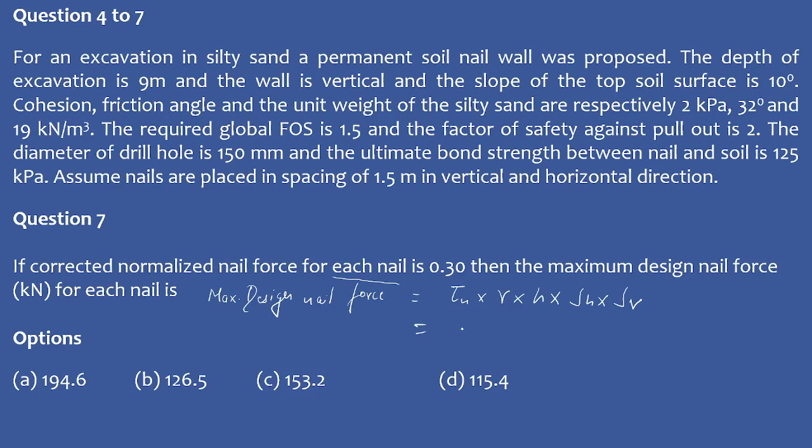Tau is 0.3, gamma is 19, H is 9, spacing in horizontal is 1.5 and vertical is 1.5. So the answer is 115.4. The maximum design nail force is 115.4.